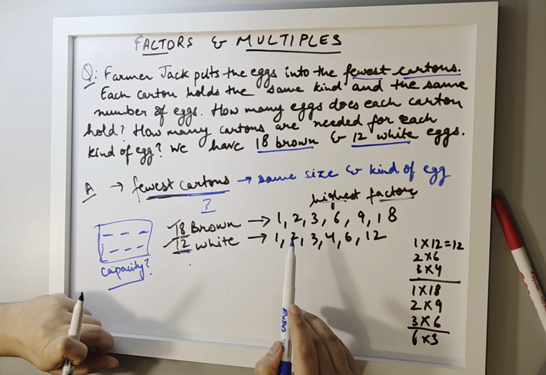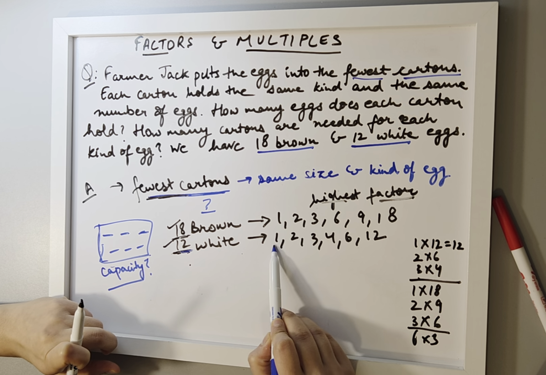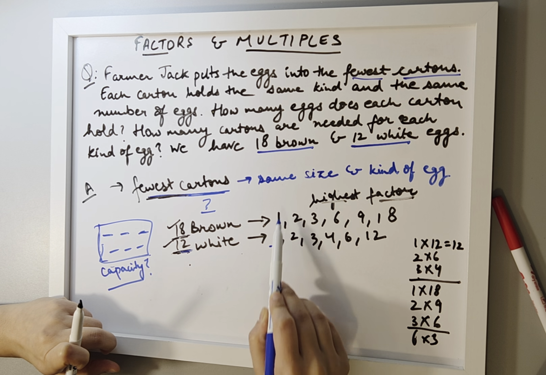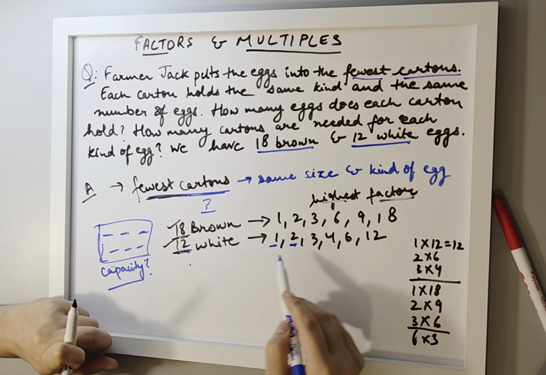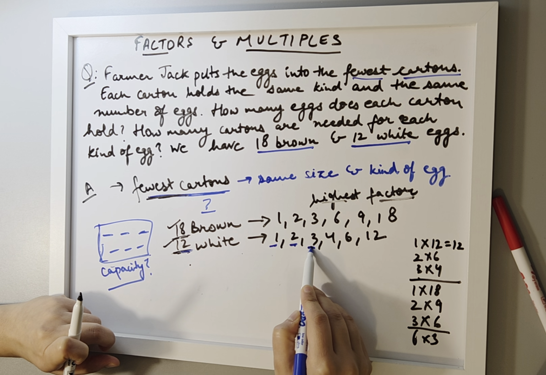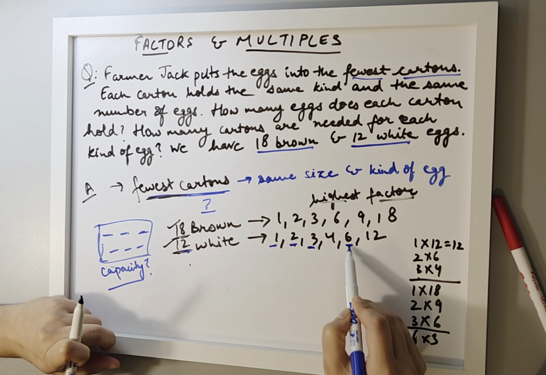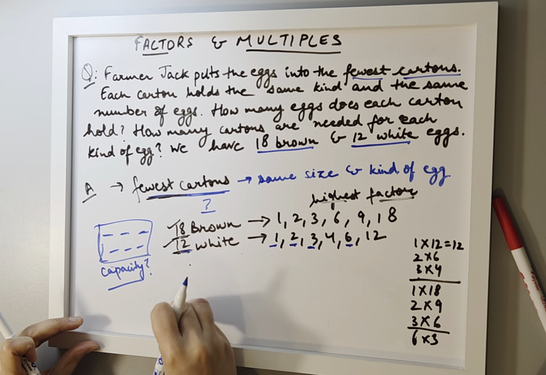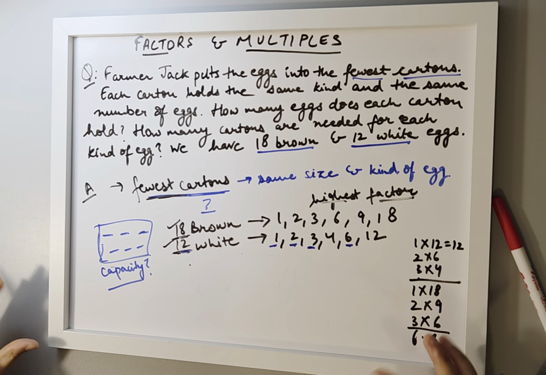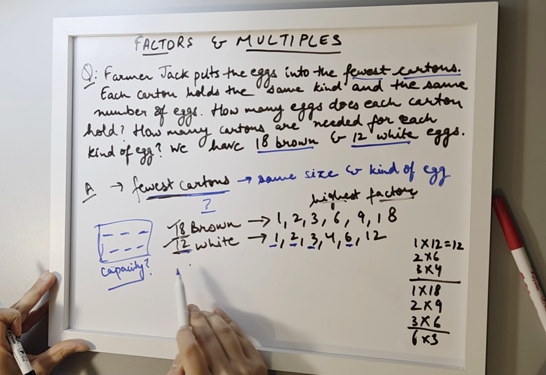So now we can have a carton of size 1 because it's a common factor. We can have cartons of size 2 also, 3 also because it's common, and then 6 also. But if we have just cartons of size 2, we'll need a lot of cartons to accommodate 18 and 12.